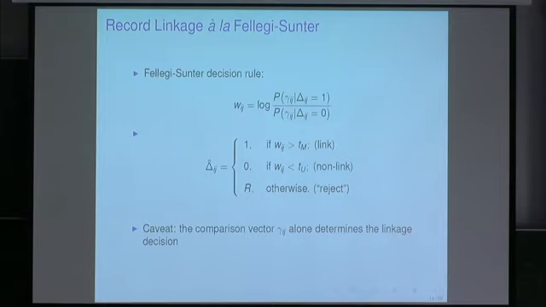So if you just use Fellegi-Sunter, you think that you are using an optimal rule, but actually it isn't, at least in the context of record linkage. This decision rule is essentially an application of Neyman-Pearson hypothesis testing, and in that context it is fine, but not here.